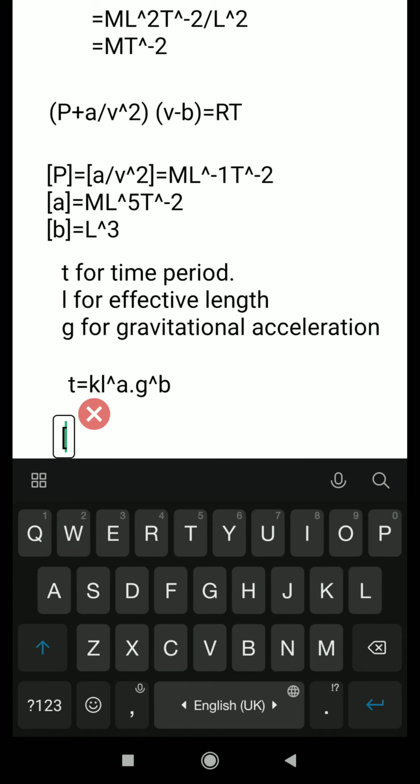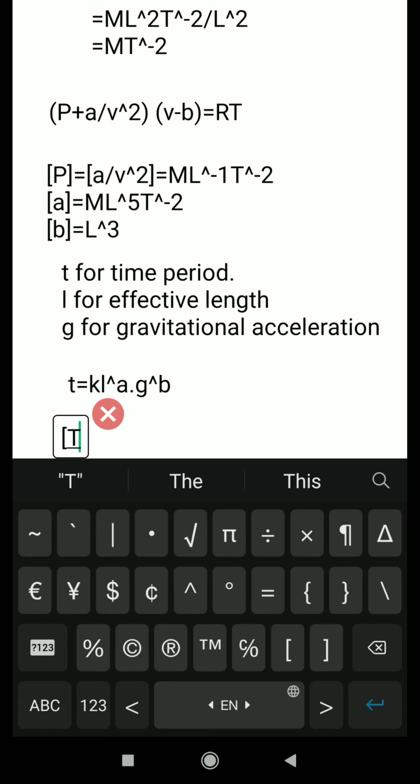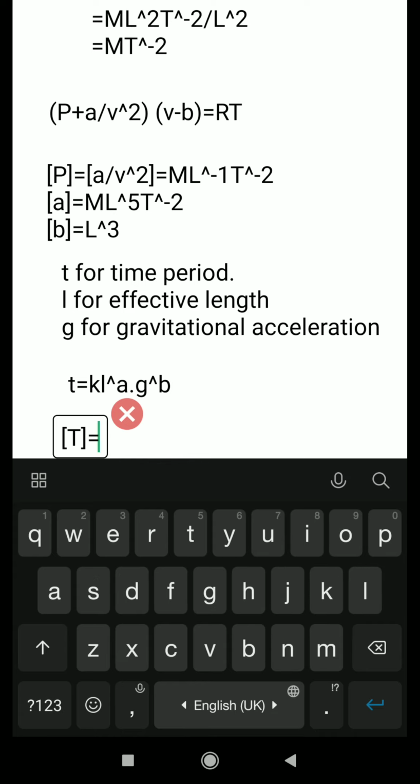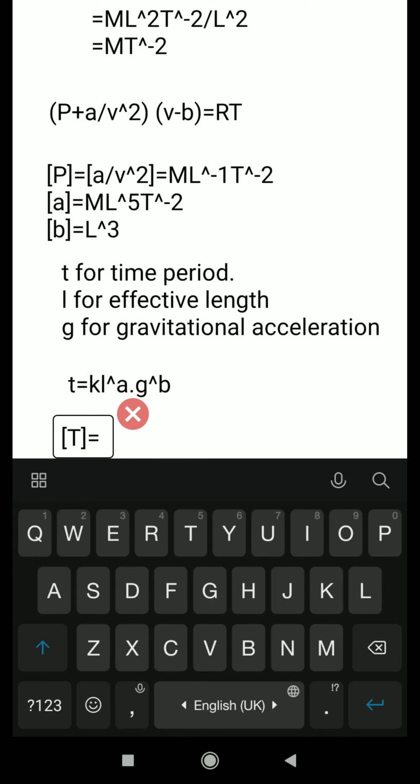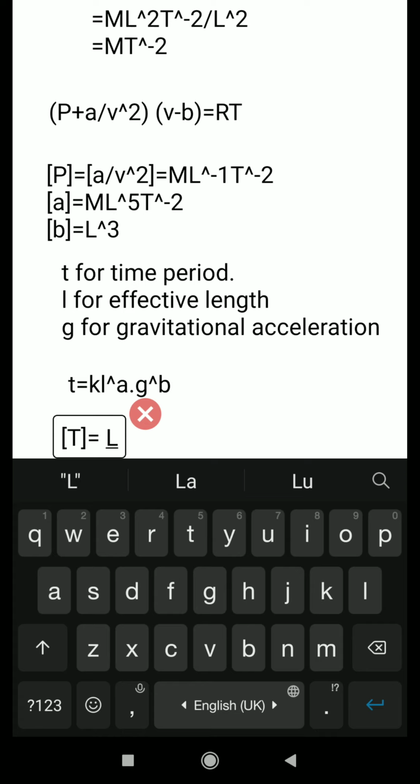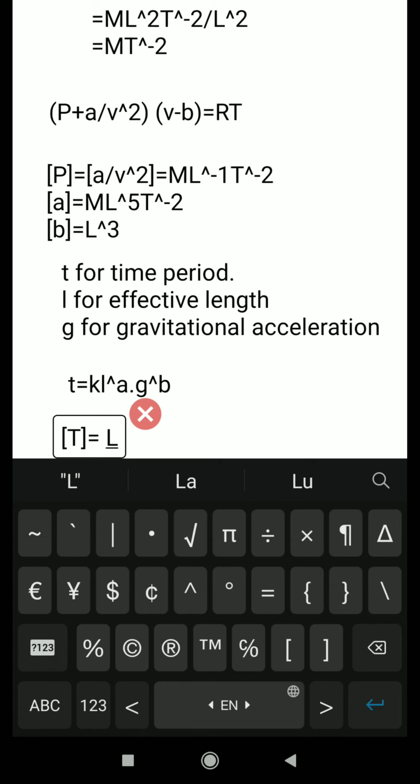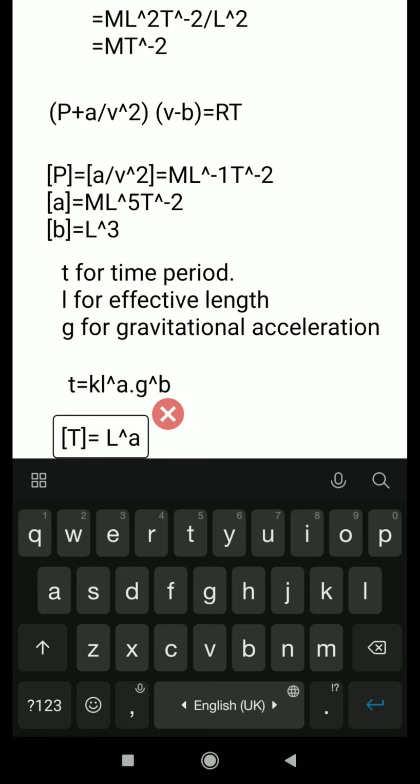So the dimension of the left side is T equal to L to the power a into g, gravitational acceleration, so its dimension is LT to the power minus 2.